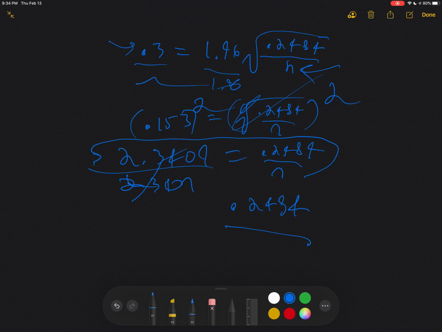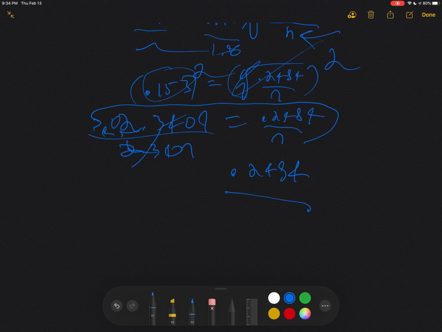I lied to you, I accidentally squared 1.53. You actually need to square 0.153, and 0.153 squared gives us 0.023409, so you would just put the decimal there. So we have 0.2484 over 0.153 squared, which is 0.0234 equals n. So our n would be 0.2484 over 0.0234, which is equal to 10.6.